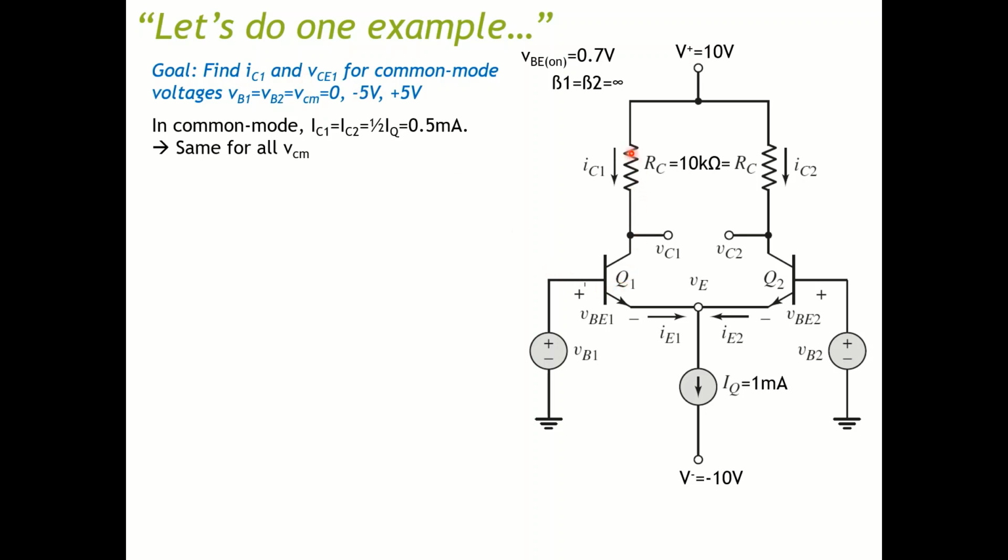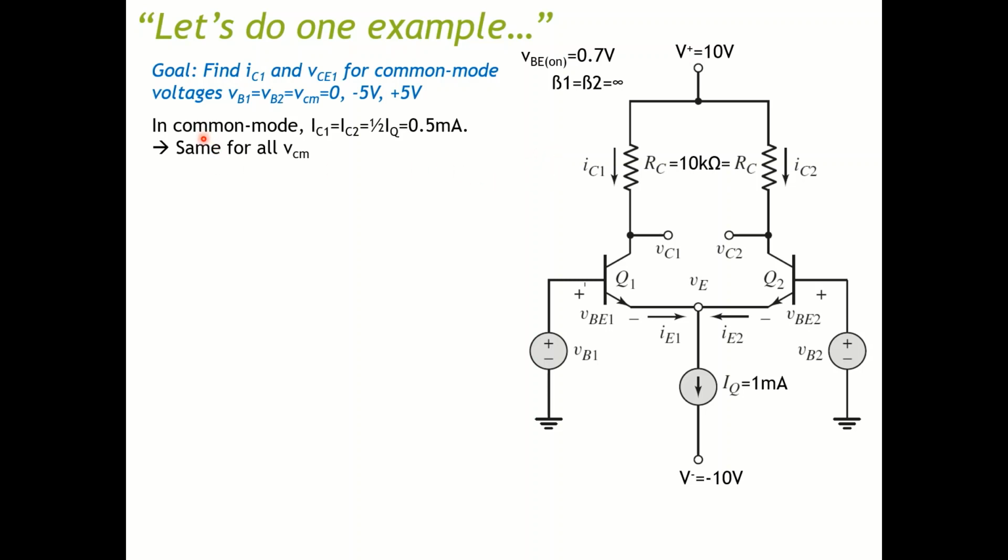So I want you to find this current and the voltage between here and here, so VCE1, which is also equal to IC2 and VCE2, for three different scenarios: when both base voltages equal 0, when both base voltages equal -1, when both equal -5, and when both equal +5.